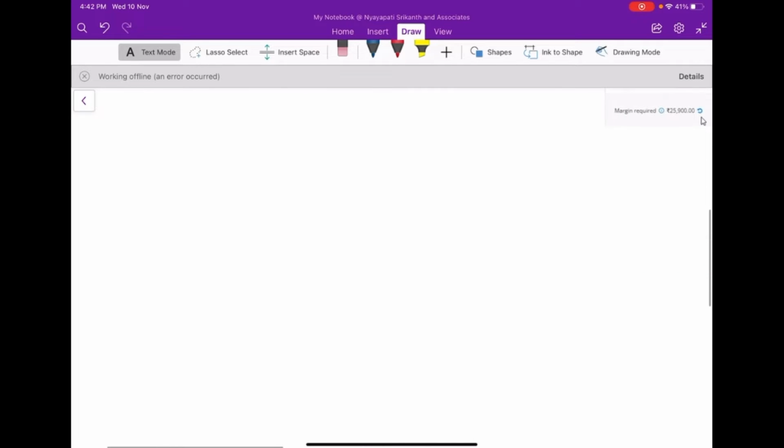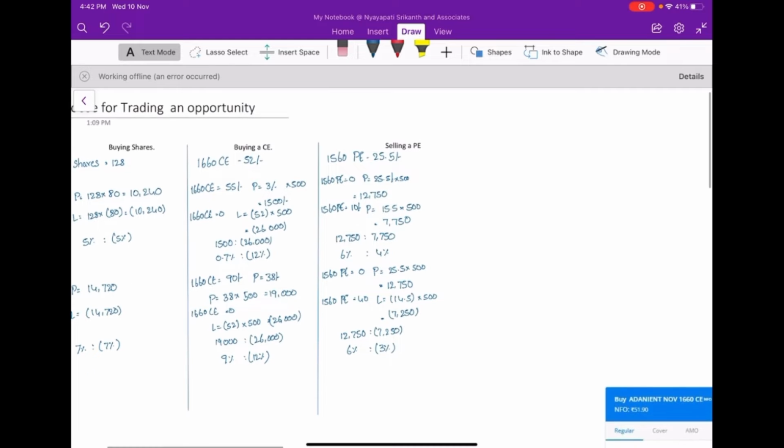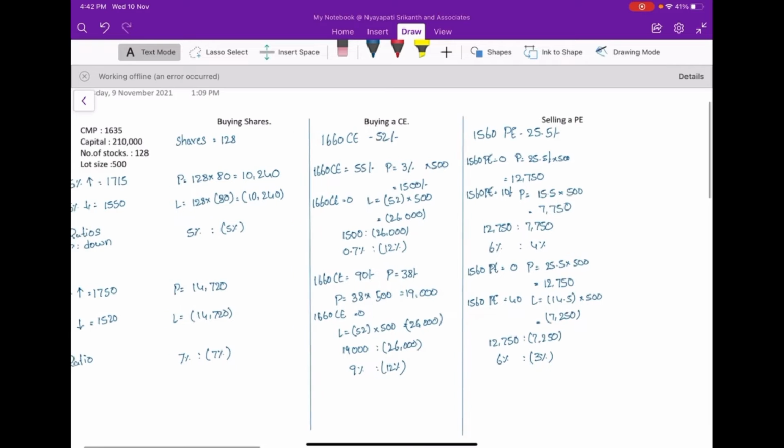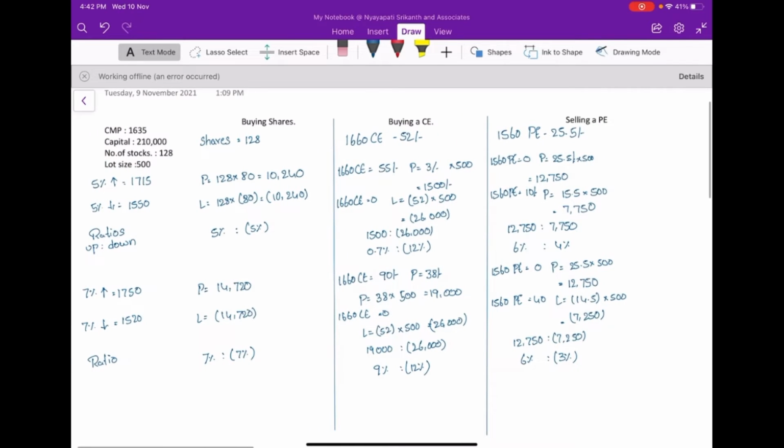Now let's see on the expiry. Currently we are in November expiry, so every month the last date is the expiry for the stock options. By the end of this expiry, let's think that the share has moved somewhere around 5%. 5% from 1635 makes it 1715.